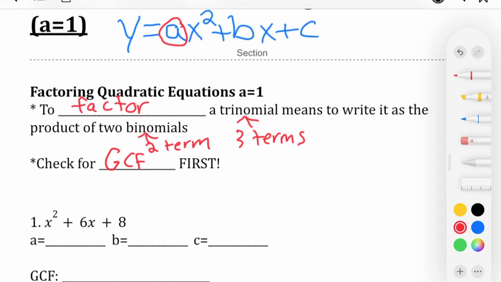Now you may have been taught different ways of how to factor in Math 1. The easiest way, in my opinion, is the big X method. What do I mean by this?